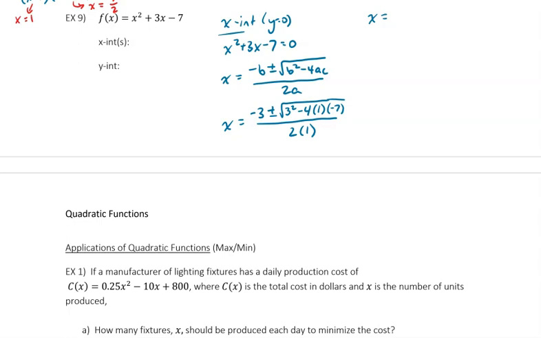All right, if we start simplifying it a bit, 3 squared is 9. -4 times 1 times -7 would be plus 28. And 2 times 1 is 2.